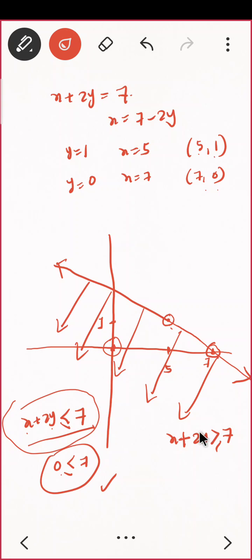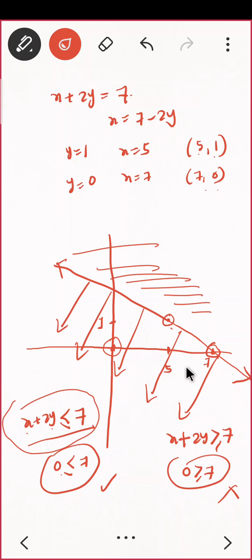Then again the same thing, I will check the origin only. See, if I put the origin, that is 0, 0, this will come 0 is greater than or equal to 7. That means what? This is not true, you say, correct? This thing is not true, na? That means your region is not this side, it is this side.